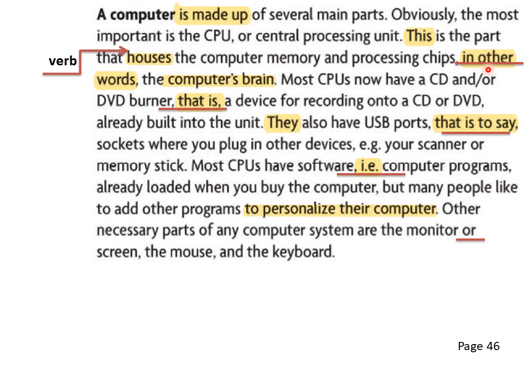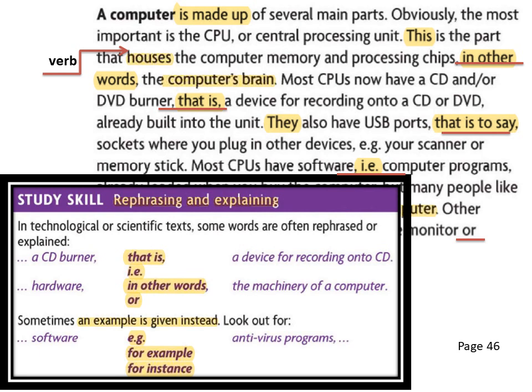So in other words, that is to say, for example, or i.e., all of these are examples of rephrasing and explaining. And I'd like to draw your attention to the word houses in this text, which came as a verb, not a noun. The study skills of rephrasing and explaining are shown in this box.